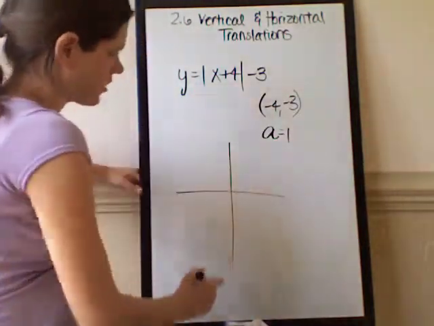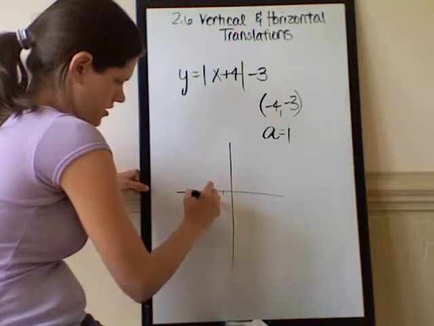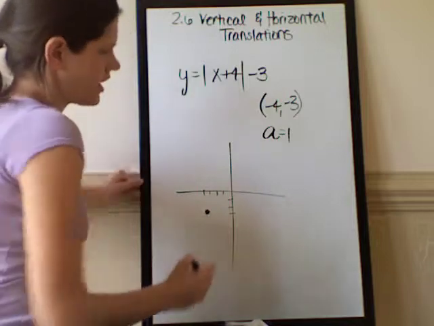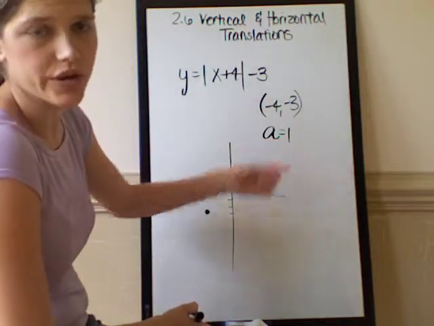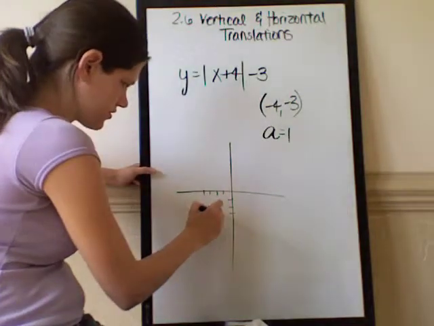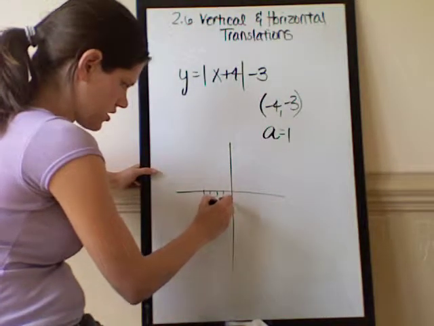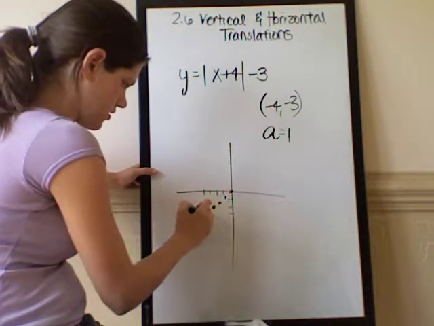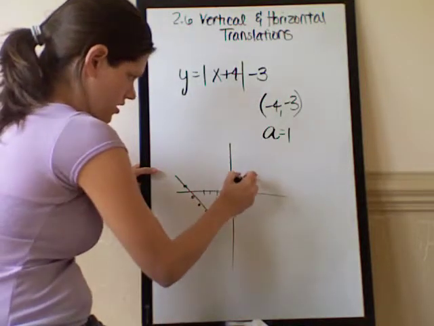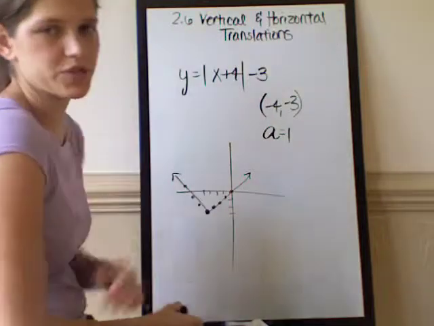If I look on the graph, I've got -4, -3. There's my vertex. And it tells me I'm still just going up 1 over 1, so it's the same normal V shape. And there's my absolute value graph.